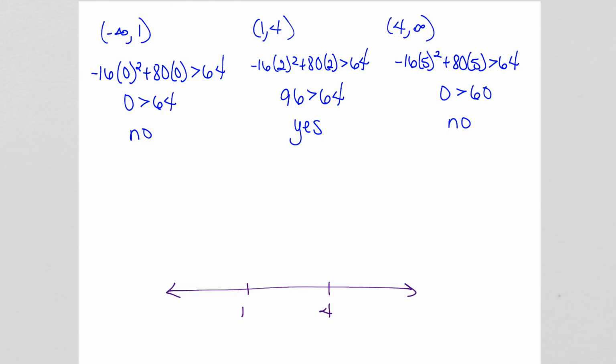So we know that we're good between 1 and 4. And this is just a greater than, not an equal to, so we have open dots or parentheses there. And so the solution would be between 1 and 4.